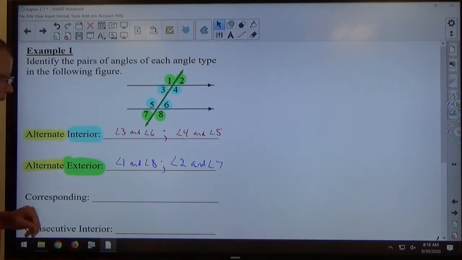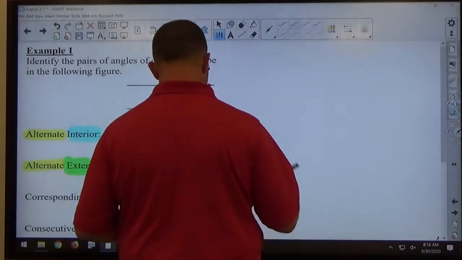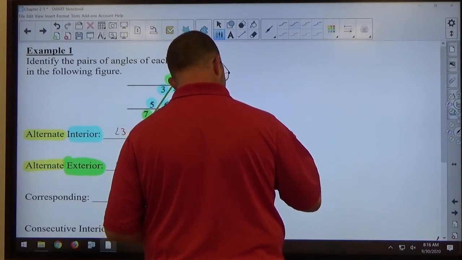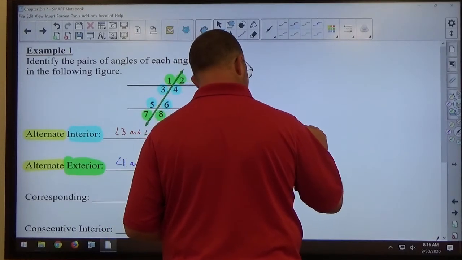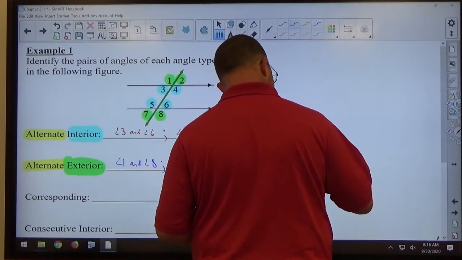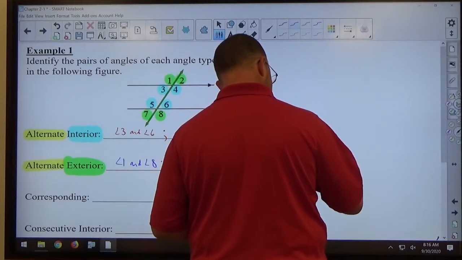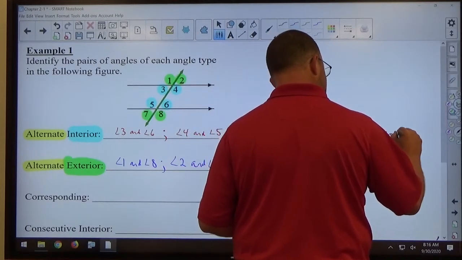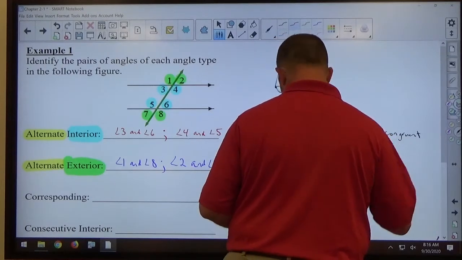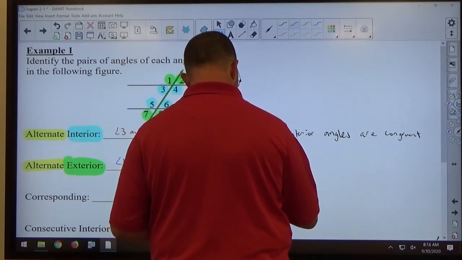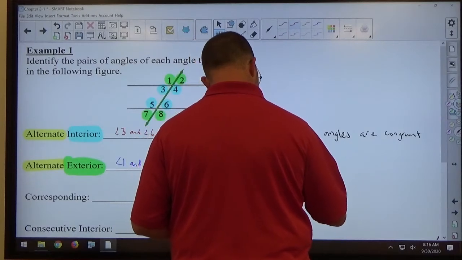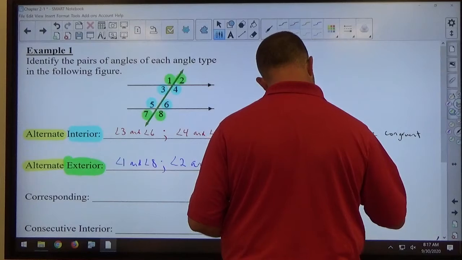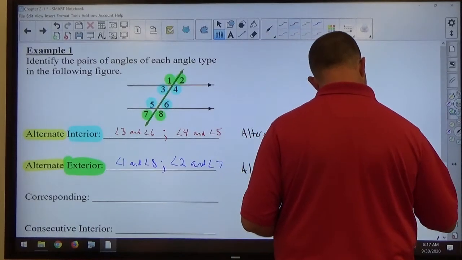Now, one thing I'm going to tell you real quick while we're doing this is alternate interior angles are congruent. Alternate exterior angles are congruent.